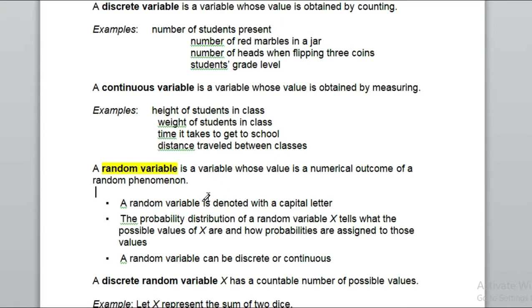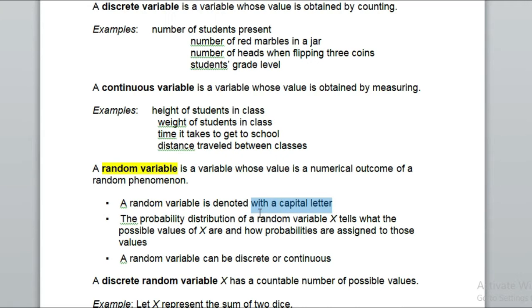A random variable is a variable whose value is a numerical outcome of a random phenomenon. A random variable is denoted with a capital letter.